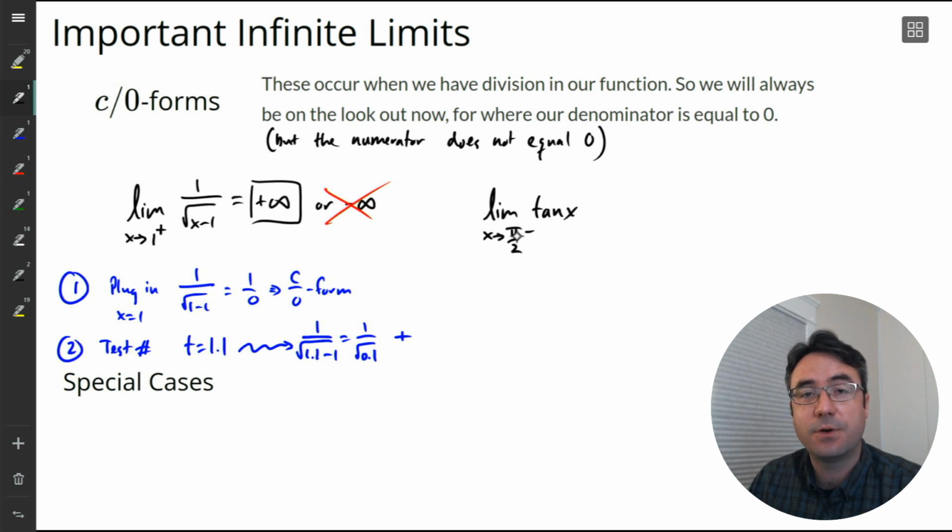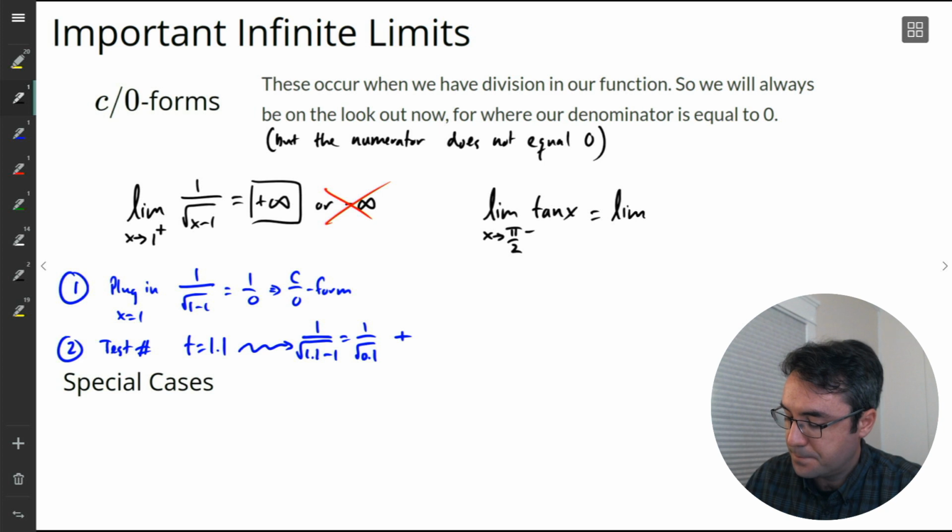It has a vertical asymptote at pi over 2, and it has an infinite limit on both sides of pi over 2. Now, as you look at this, it doesn't look like we have division, but we know we can always rewrite this in terms of sine and cosine. So we could rewrite this as sine x over cosine x as we approach from the left.